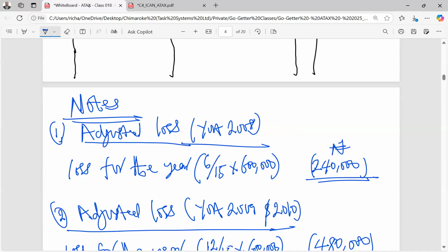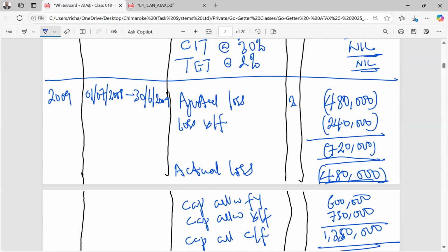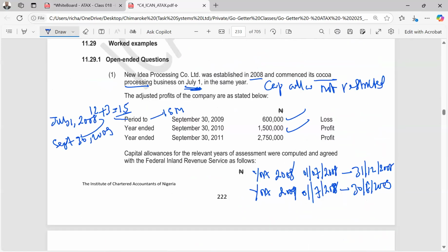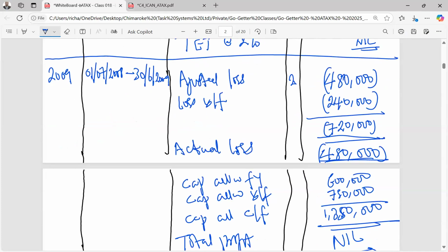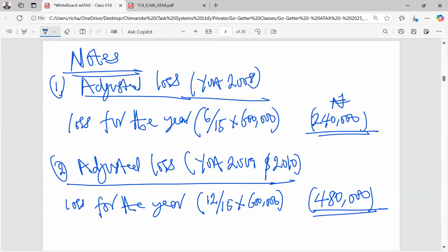And that's what I have here. And you see, it's still in this same period because this is September 2009. So June 2009 is even here. And that is why I took 12 months out of 15. If you look at the working, I took 12 months out of 15.